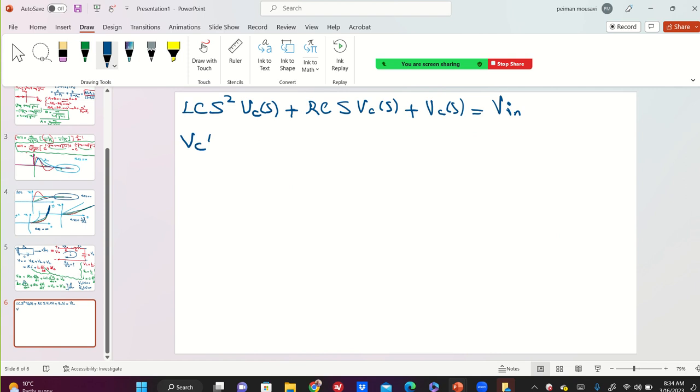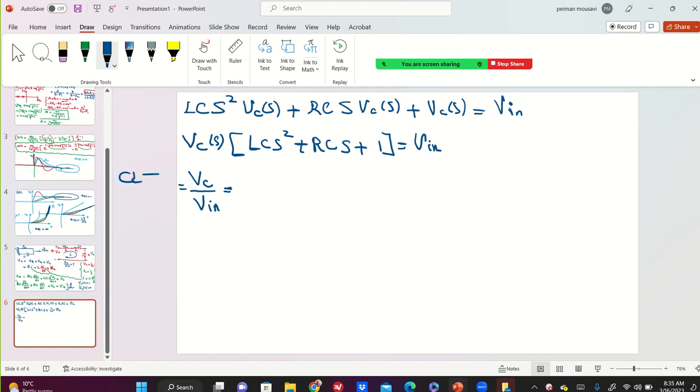Or VCS times (LCS squared plus RCS plus 1) equals Vn. And the closed loop transfer function is going to be 1 over LCS squared plus RCS plus 1.